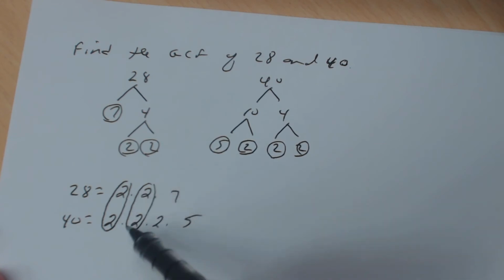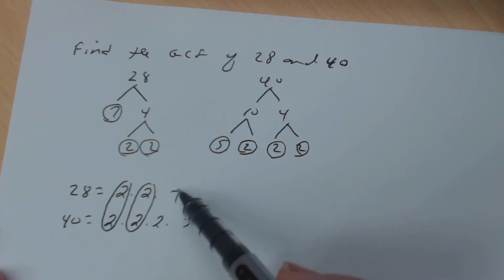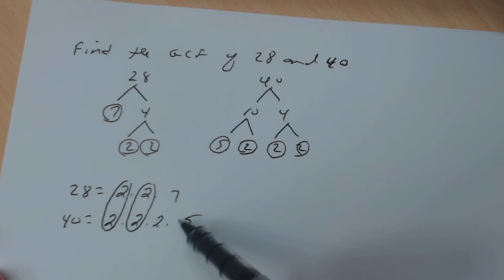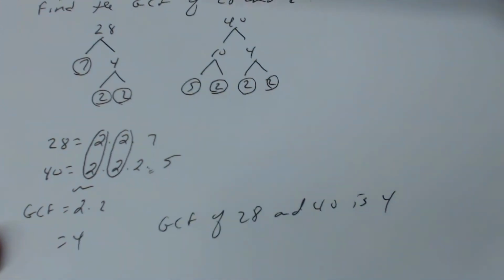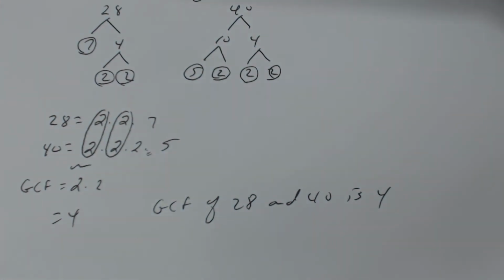I'm only looking for common factors. 7 is a factor of 28, but it's not a common factor of 40, and same thing with the 5. So in terms of the GCF then, I'm going to get 2 times 2, which is 4. So the GCF of 28 and 40 is 4.